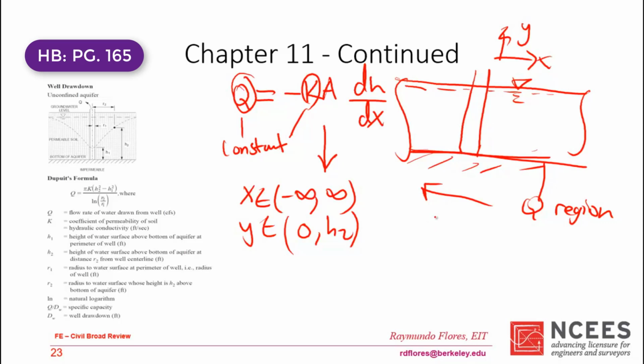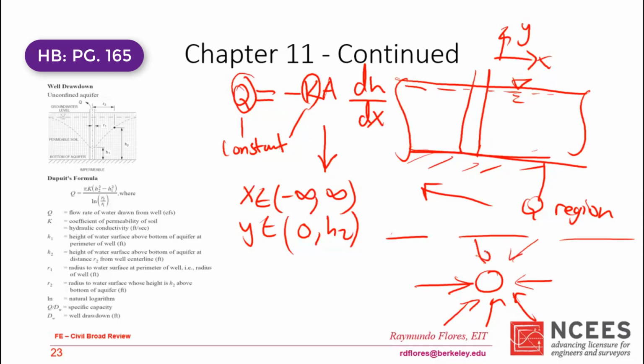It's more like you have to look at it from this point of view, because if you look at the plan view, you've got this pipe and the flow is going this way. So it's not fair to say that our Q region is simply this. The Q region is the volume of a cylinder with an outside and inside diameter, the inside diameter being here and the outside diameter being infinity, because it comes out all the way.